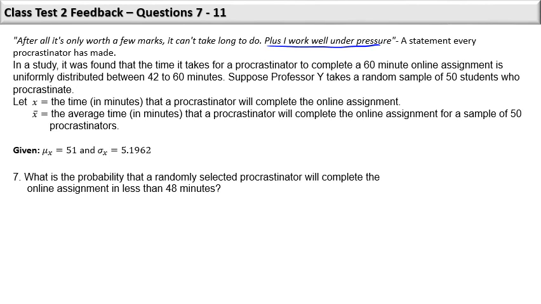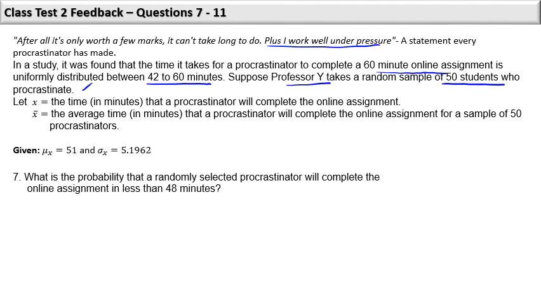Now, in a study, it was found that the time taken for a procrastinator to complete a 60-minute assignment is uniformly distributed between 42 minutes and 60 minutes. Now, suppose Professor Y takes a random sample of 50 students who procrastinate. We define two random variables.